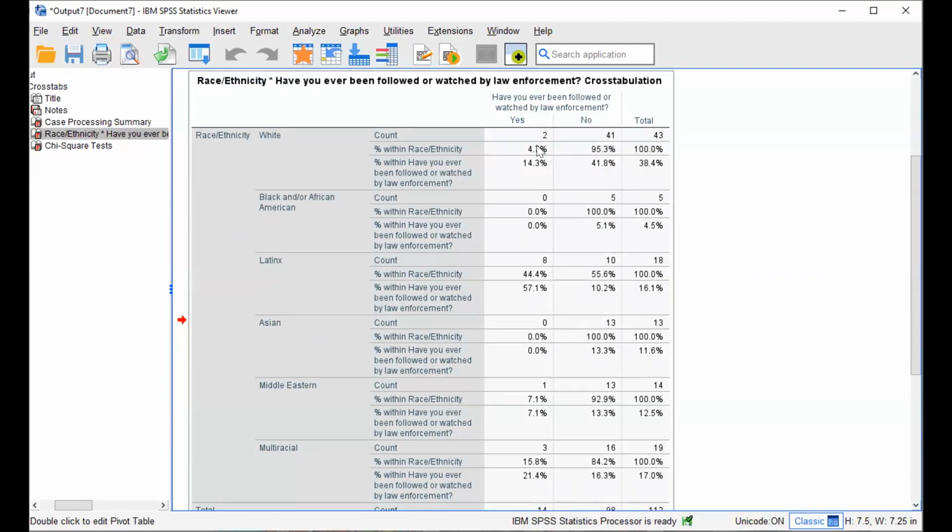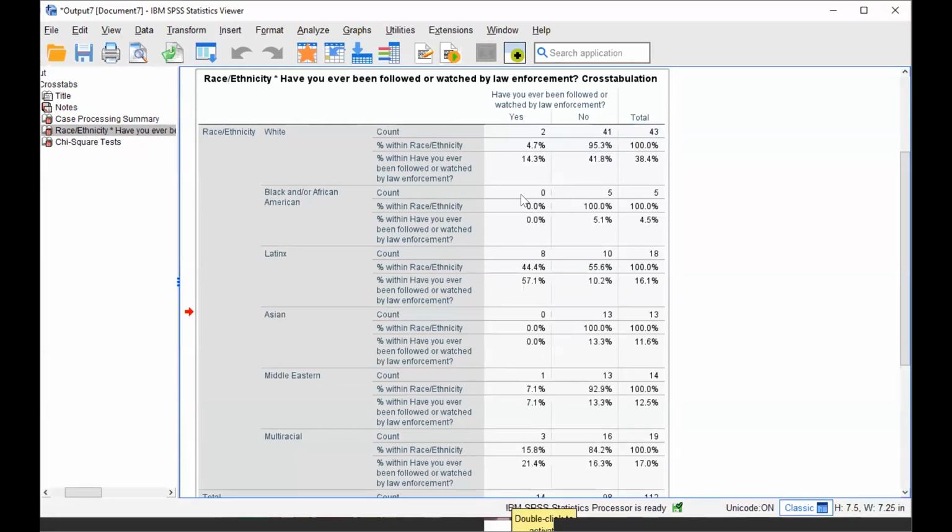And below this is the row percentage. So out of all white respondents, 4.7% have been watched or followed by law enforcement, and 95.3% have not. This column percentage is referring to the whole column here.